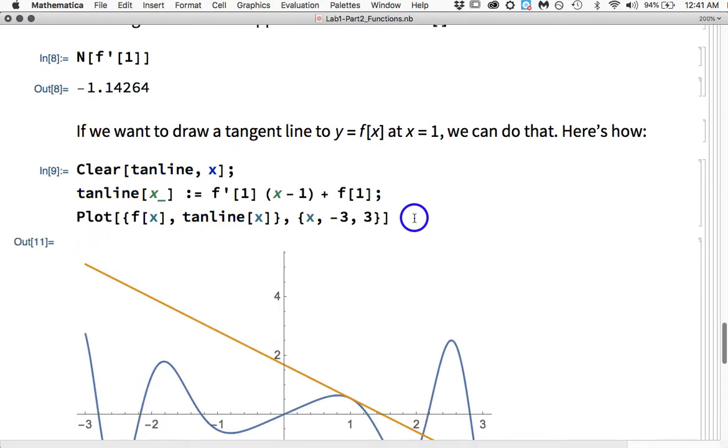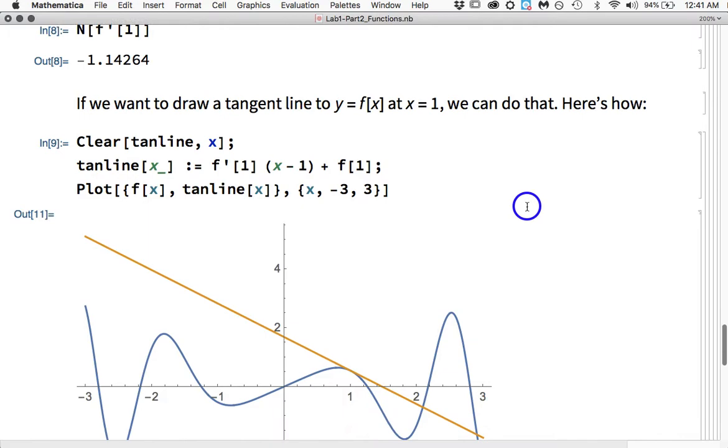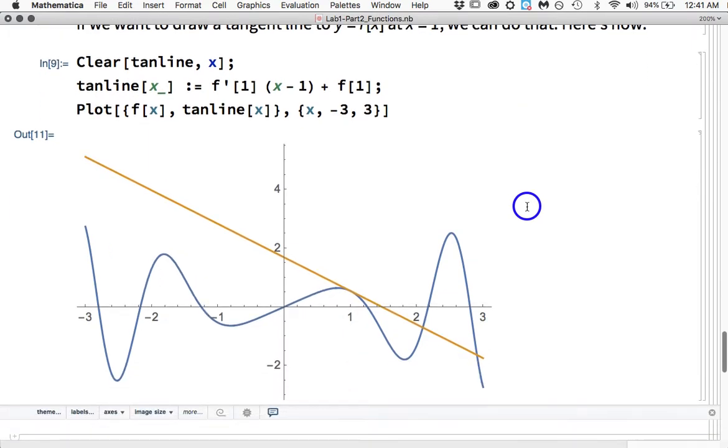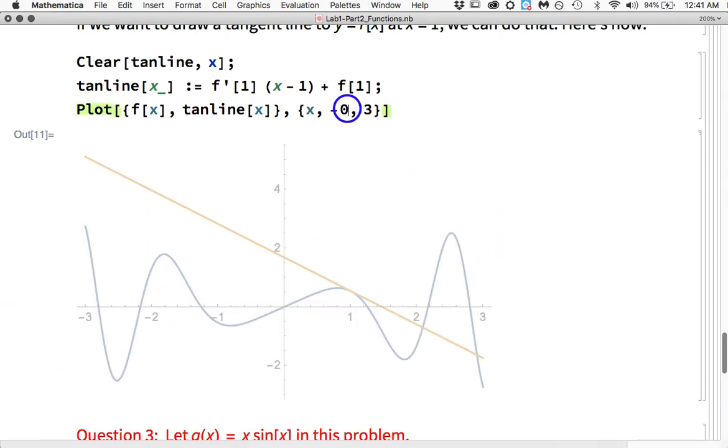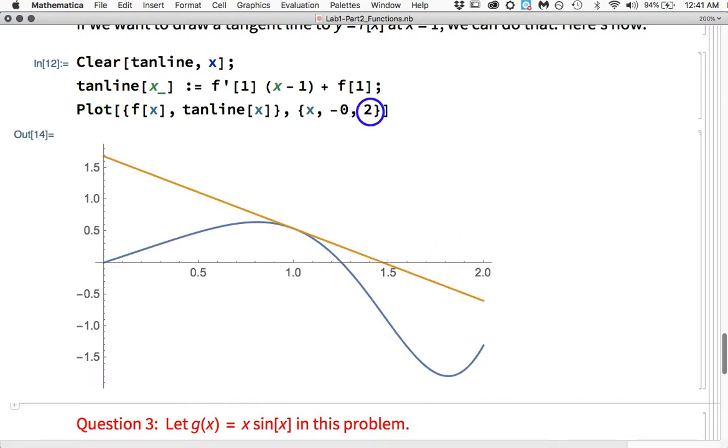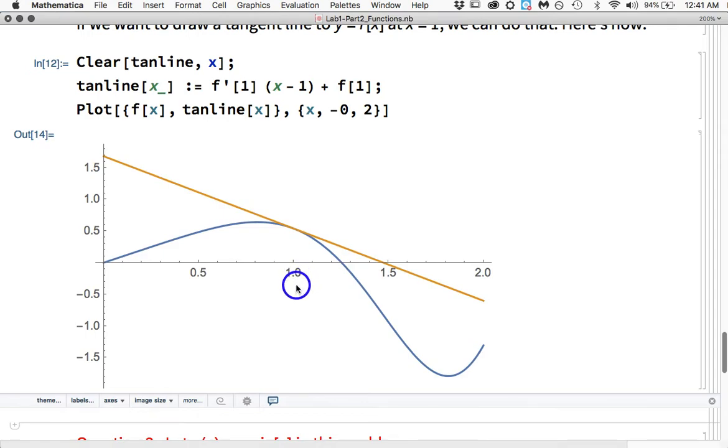So we activate that cell, and lo and behold, we are certainly looking at what is plausibly a tangent line relationship. If I don't want all of this stuff and all of this stuff, I can easily zoom in much closer to the point of tangency. And when I do, I can see that, yeah, here's the curve, there's the tangent line.